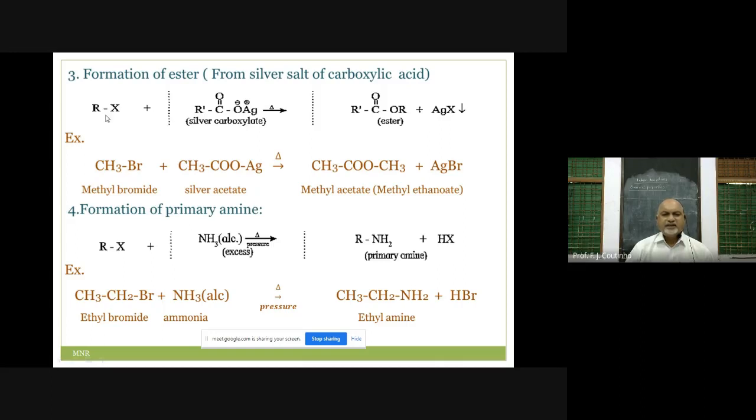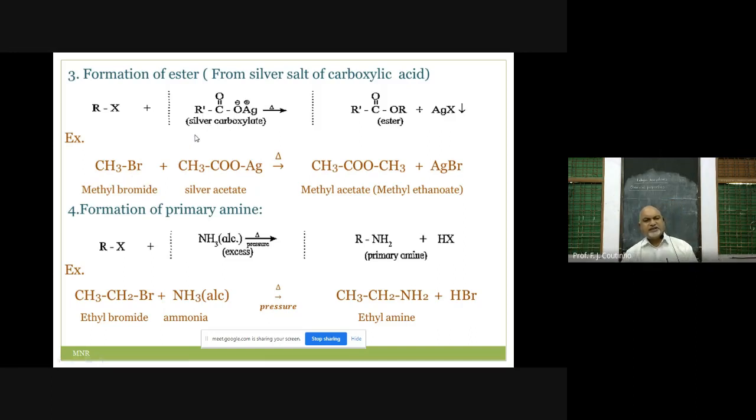So here there is an exchange where silver and halogen will form AgCl, which forms a precipitate, and that's why there is a down arrow. And here you are getting formation of an ester. Here the ester is formed, that is RC double bond OOR. Now this R is coming from the alkyl halide, where this R dash is of the silver carboxylate.